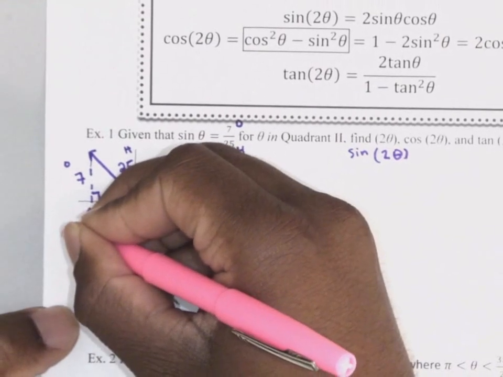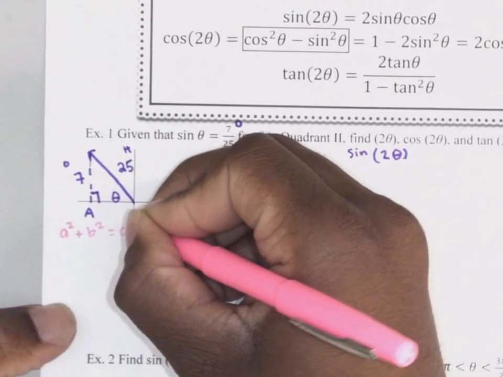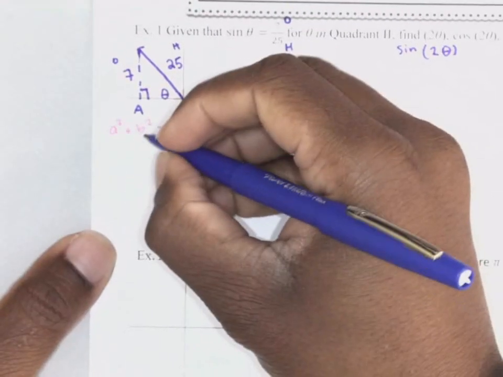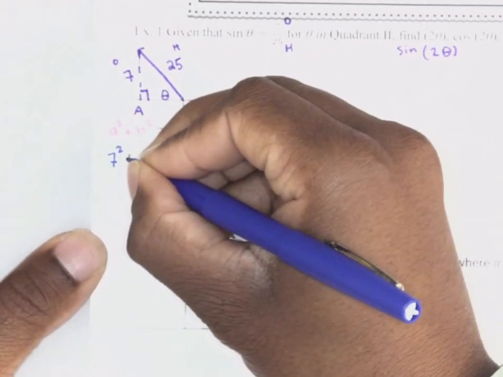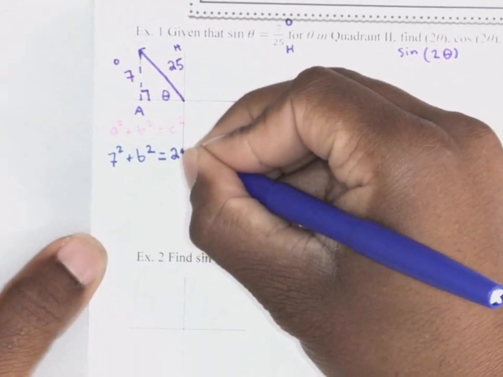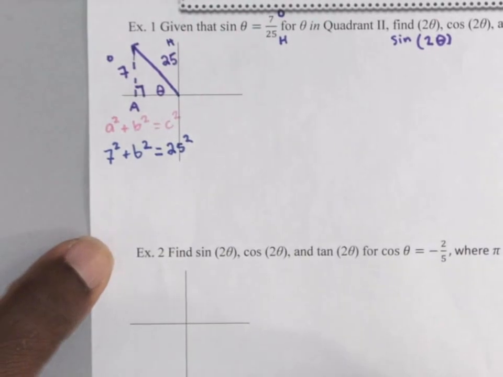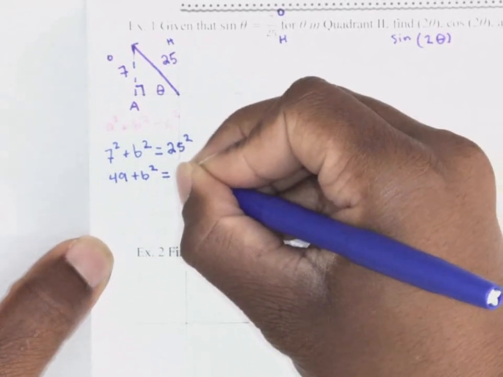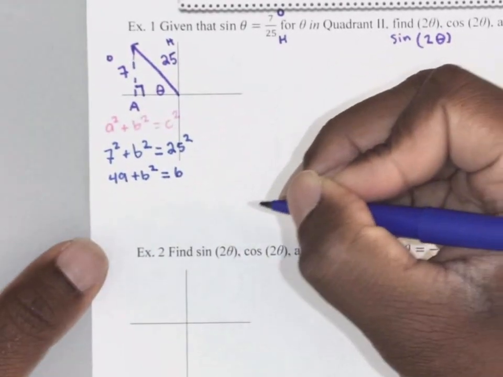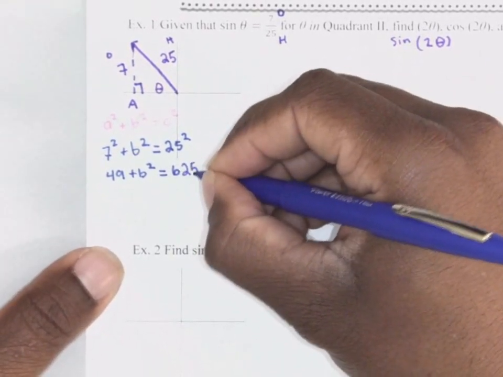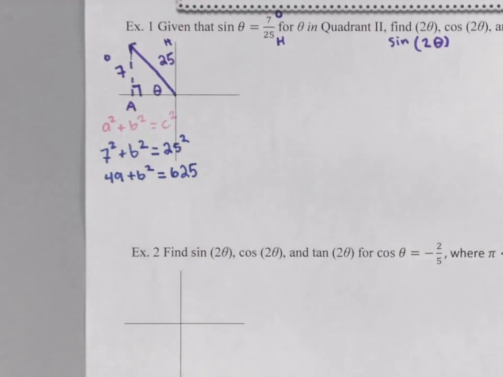So Pythagorean's theorem, a squared plus b squared equals c squared. C squared is always which side? The hypotenuse. I think that pen is fading on me, so let me switch. So I'll do 7 squared plus b squared, which is the side I want to find, equals 25 squared. What's 7 squared? 25 squared? 625. And look, you would just do this in your calculator. Don't freak out like you gotta know this or remember this.